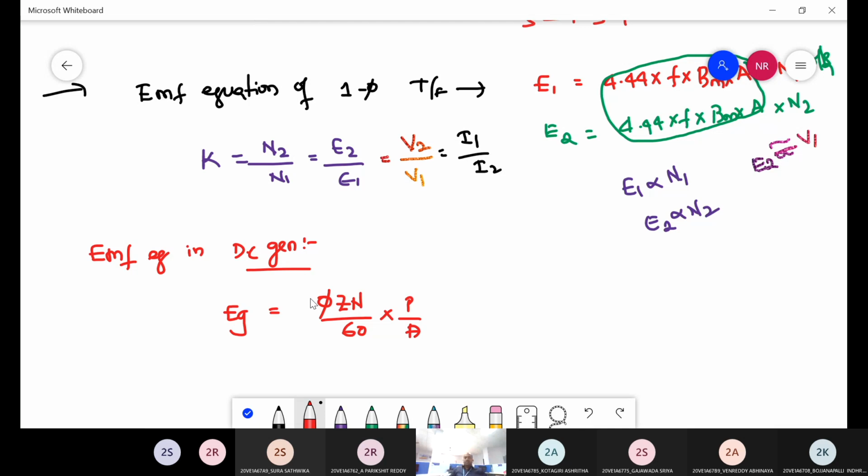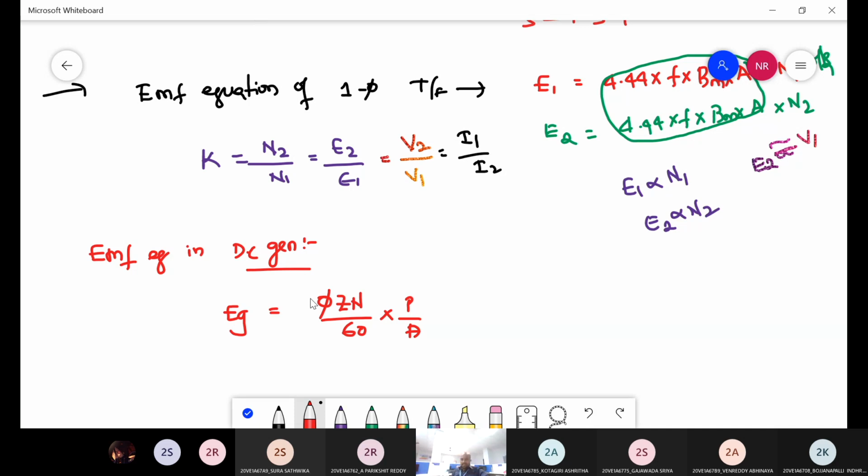Flux per pole in Webers. What is Z here? Total number of armature conductors. What is N here? Speed of the armature in RPM. What is P here? Number of poles. What is A here? Number of parallel paths.